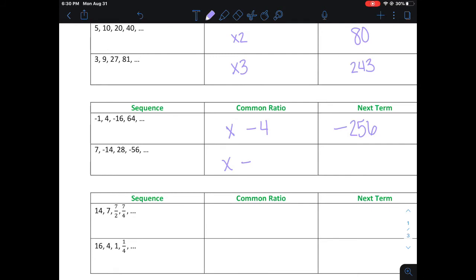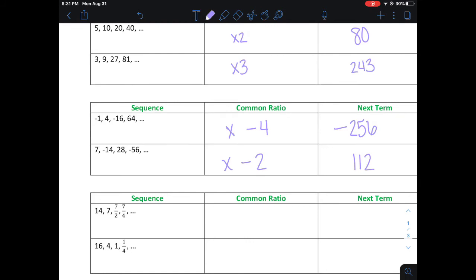What did I multiply? Multiplied by 2. 7 times 2 is 14. 14 times 2 is 28. 28 times 2 is 56. And then just that negative gives you that alternating positive, negative. And then next term, -56 times -2 will give us 112.